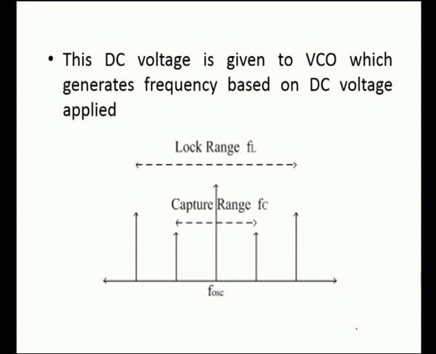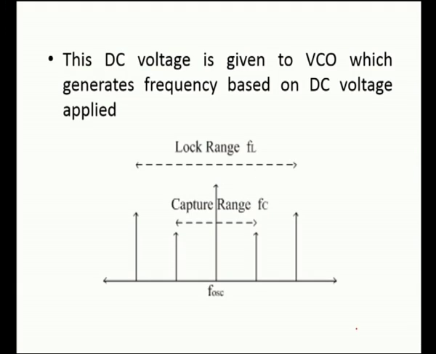If the phase of the input and the phase of the signal produced by the VCO are not matched, it provides an error signal. This error signal is converted to a DC voltage, and the DC voltage produces another frequency. Like this it continues as a loop, which is why it is called a phase locked loop.